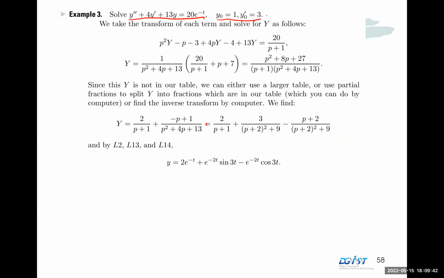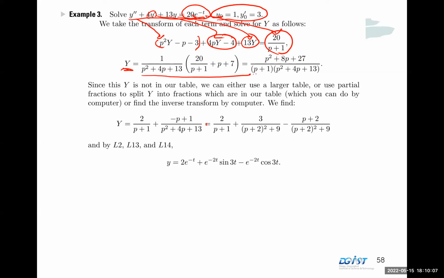Let's take one more example here, and this initial condition. Take the Laplace transform: the second derivative, the first derivative here, and this one here. And the Laplace transform of this one is here. Now the problem is finding the capital Y from algebraic equations, and it looks very ugly, but somehow we can handle it.